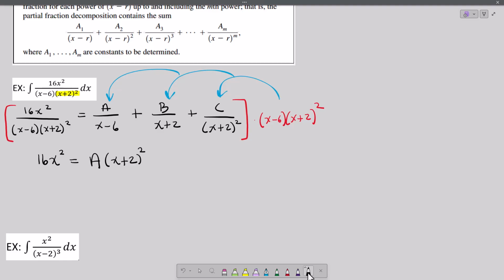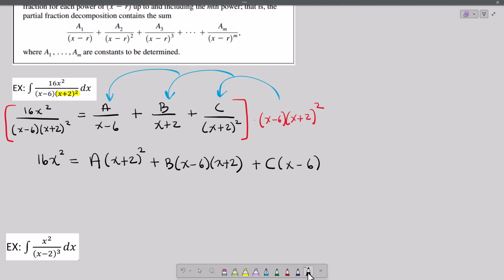When we distribute it to the middle term, we get b times x minus 6 times x plus 2. When we multiply it to the third term, the x plus 2's, they all cancel. We get c times x minus 6. So there is our PFD equation.